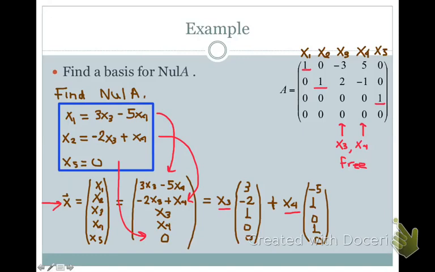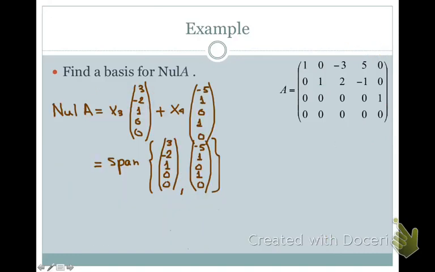So this set of vectors, (3, -2, 1, 0, 0) and (-5, 1, 0, 1, 0), represent a spanning set for the null space. So the null space of A is a linear combination of these two vectors, and we can also write that as the span of those two vectors. Again, those two vectors form a spanning set for the null space.